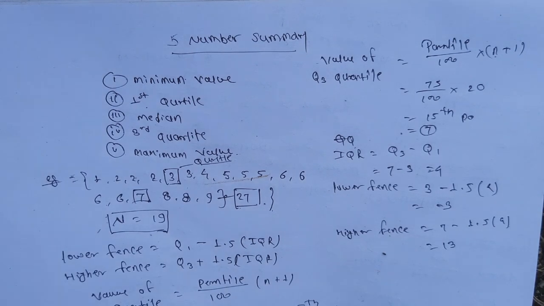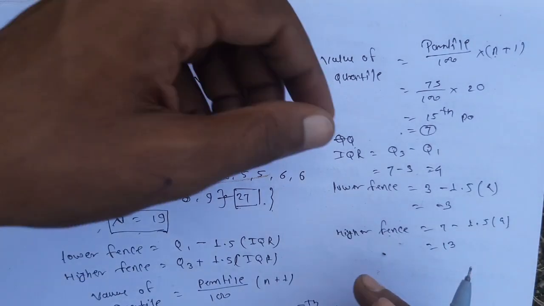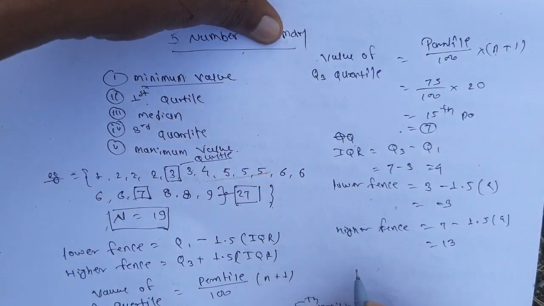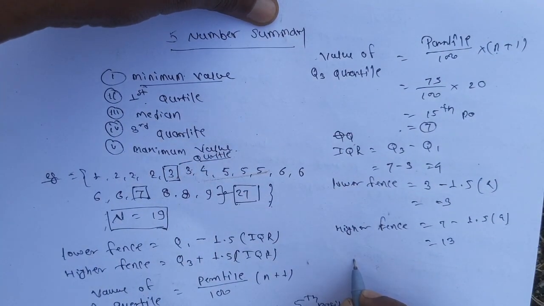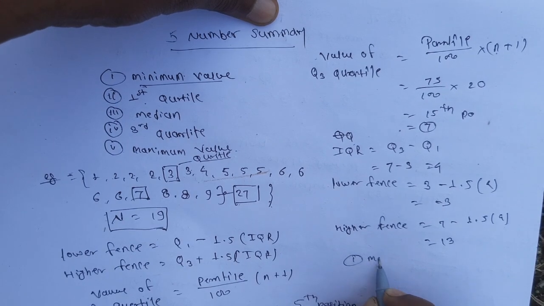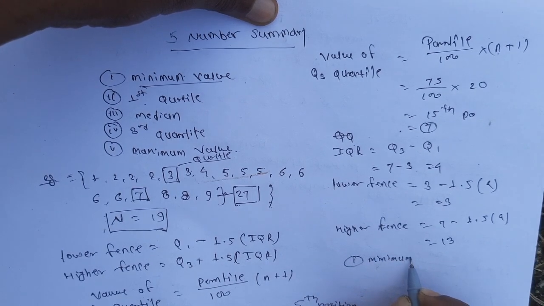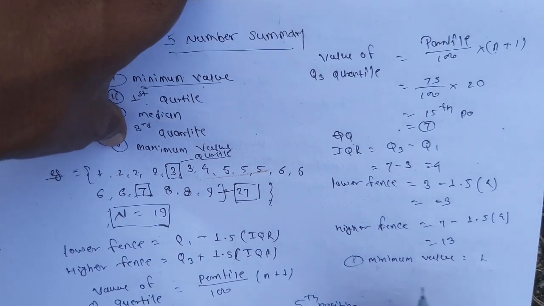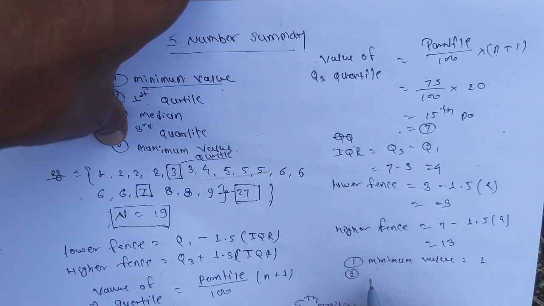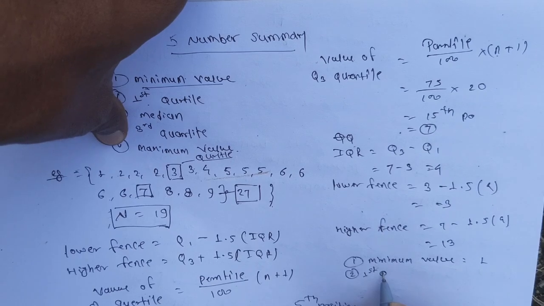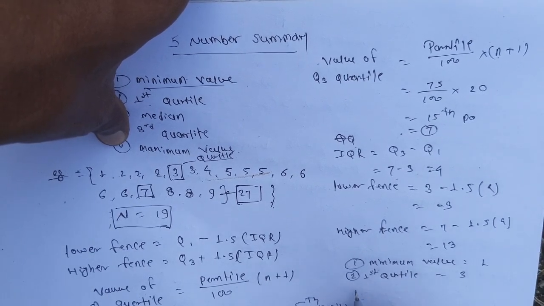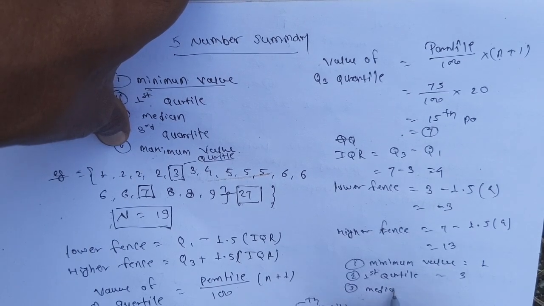So we got all the 5 values. What is the minimum value? The minimum value is equal to 1, the first quartile is equal to 3, and the third one is the median.